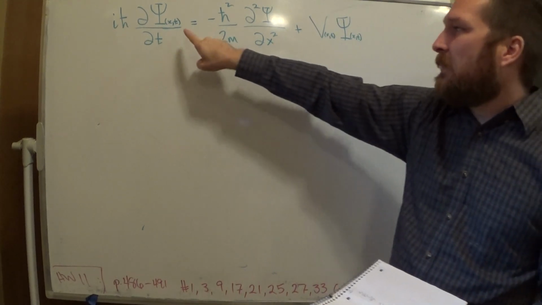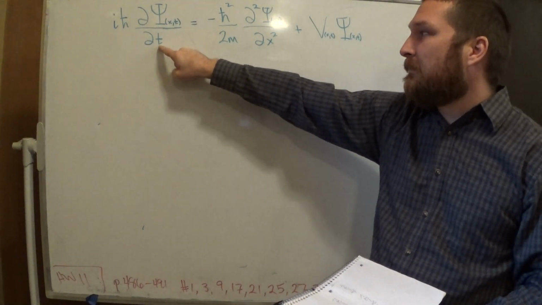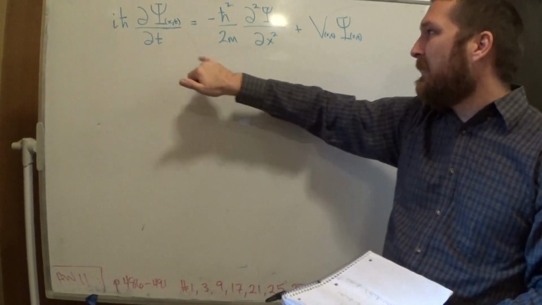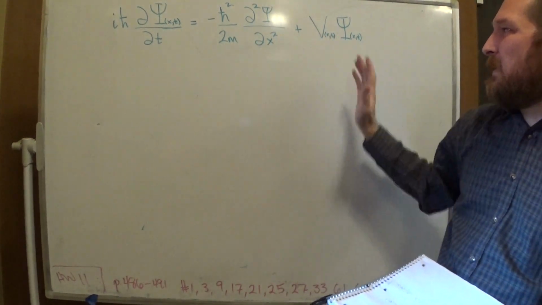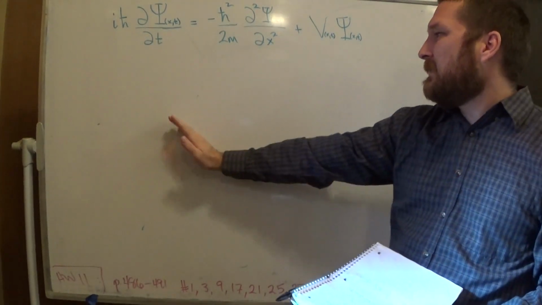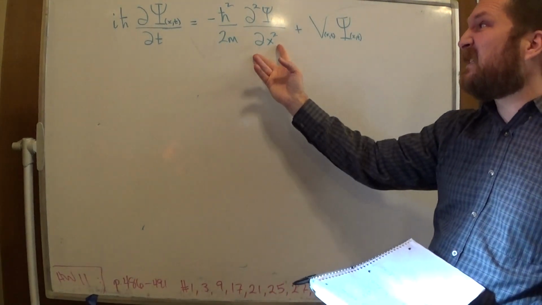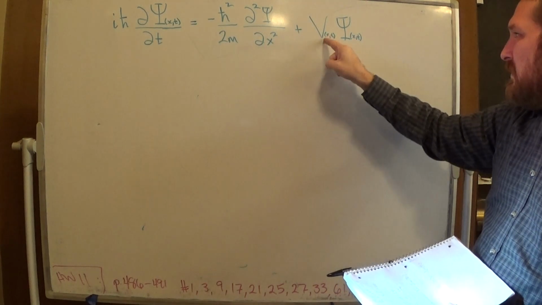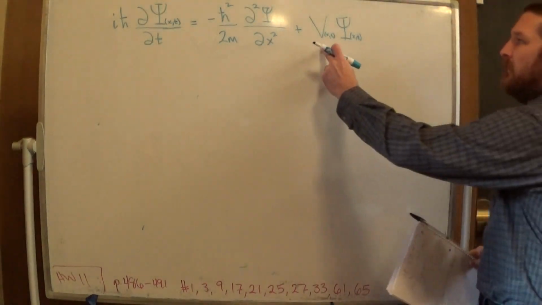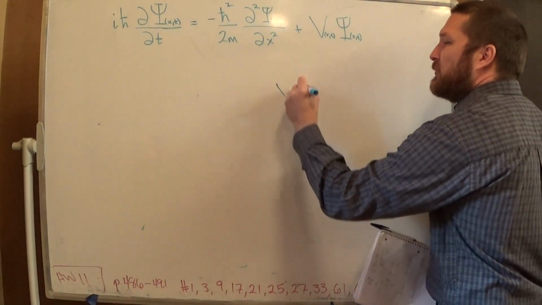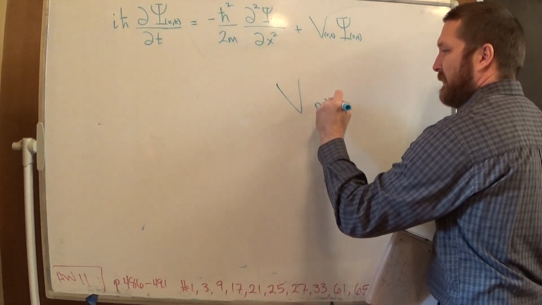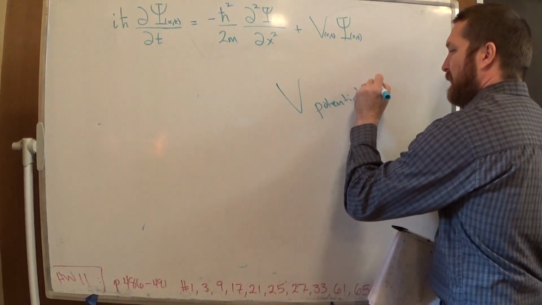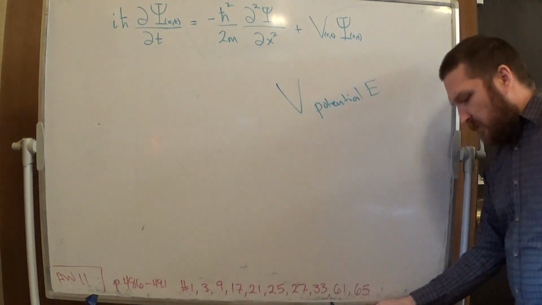This is how it's changing in time. This is how it changes with respect to where it is, so you could think of it kind of like the acceleration. And then there's this V. The V is the potential energy.